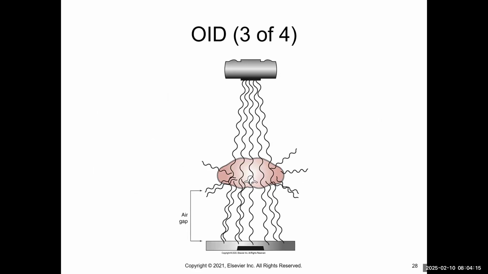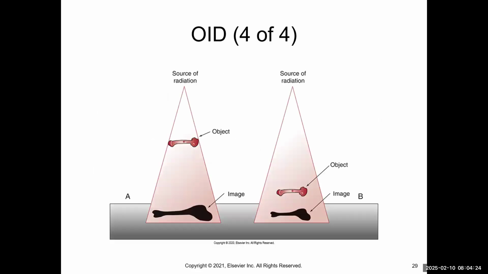And this again is just showing you the air gap, the thought that if there's a bigger air gap, then maybe some of the scatter misses the IR. And here is just showing you that the greater the OID you have, the more magnification you have in the image. So that's why we always say that it's very important to get the part as close to the IR as possible.